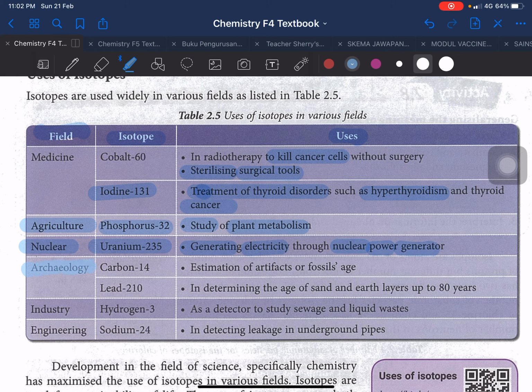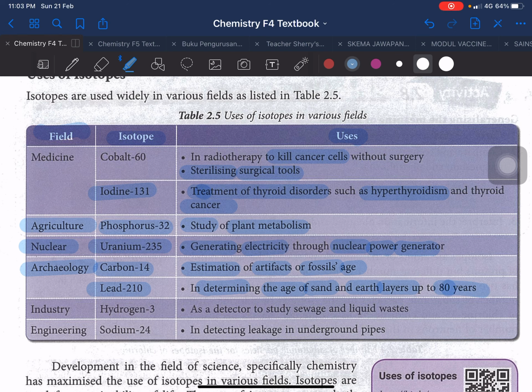In archaeology, this one is quite famous in exams, carbon-14 isotope is used to estimate the age of artifacts or fossils, like dinosaur bones. Lead-210 is used to determine the age of sand and earth layers.